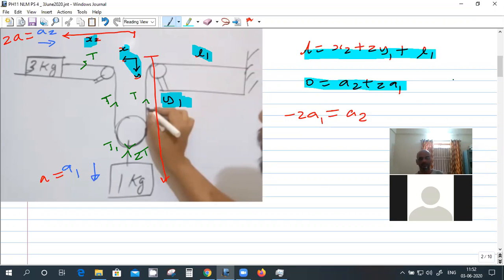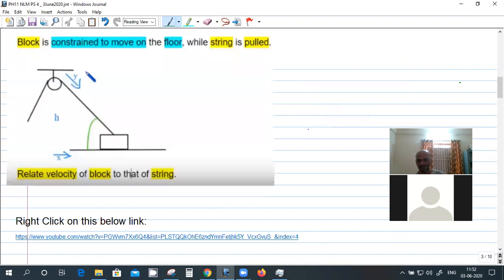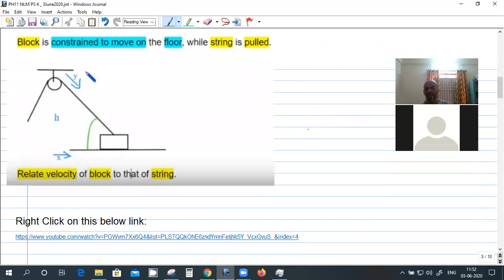Okay, what about this one? Here this block, this is the floor. The block will not leave the floor.